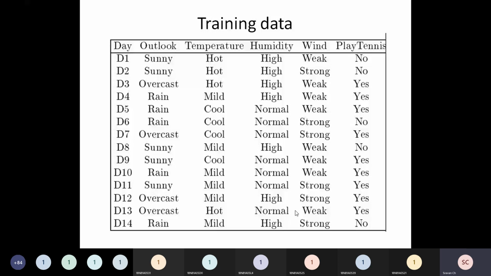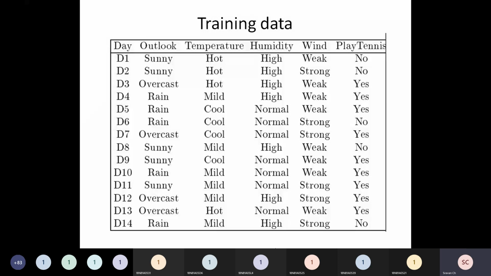I have 14 records, and if you observe, playing tennis is my output variable or outcome variable, right? It decides whether the person will go for playing tennis, based on certain parameters. The parameters here are outlook, temperature, humidity, and wind, right? Based on the values of these four parameters, we will decide whether to go for playing a tennis game or not.